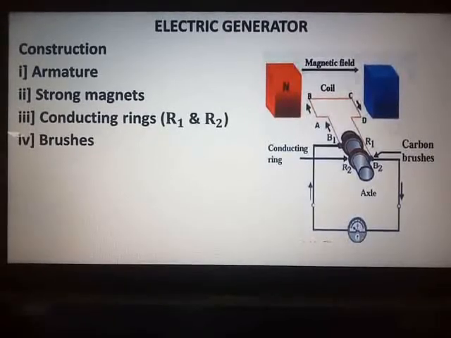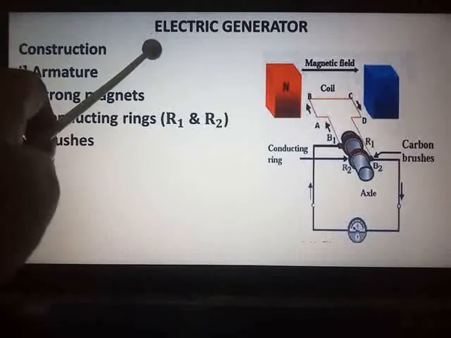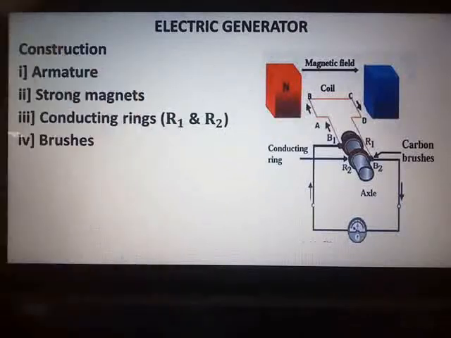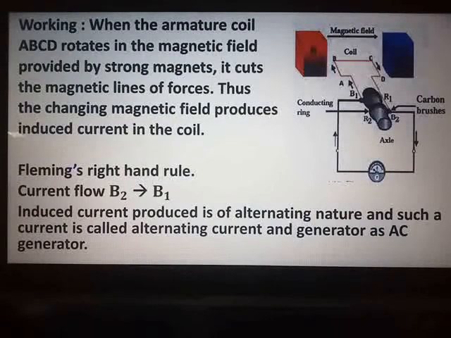Direct current cannot be used on a large scale for electricity or household purposes, but alternating current is used in your electrical household appliances such as heaters, irons, refrigerators. So the current produced by the electric AC generator is of alternating nature, and hence it is called an AC generator or alternating current generator. You can see its working over here.